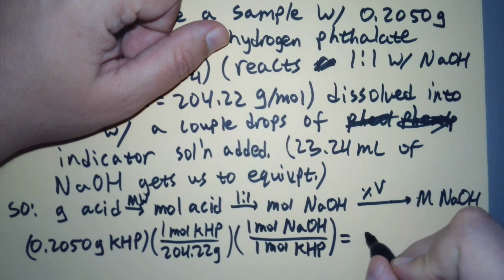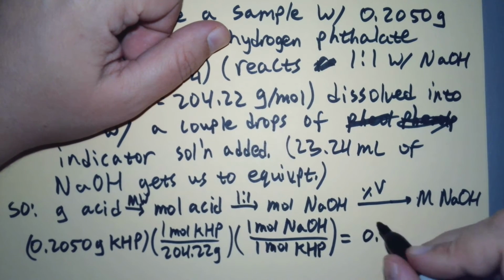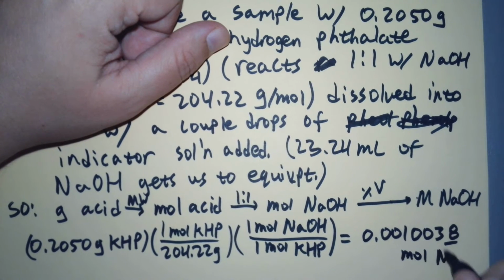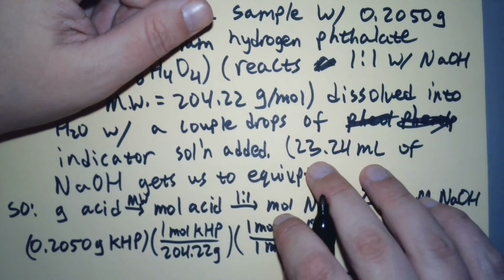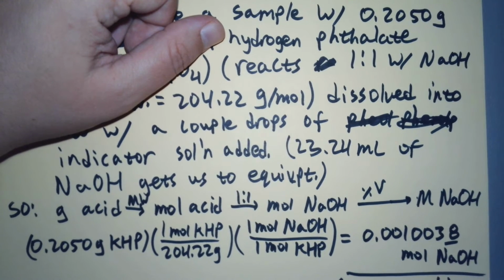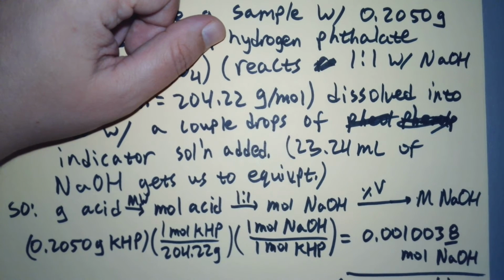So, I had 0.001, if I just solve this out, 0.003 and an 8 I don't really get to keep, moles of NaOH. If I divide that by my volume of NaOH that I used, which was 23.24 milliliters, and then convert that to liters, I get 0.04319 molar NaOH.